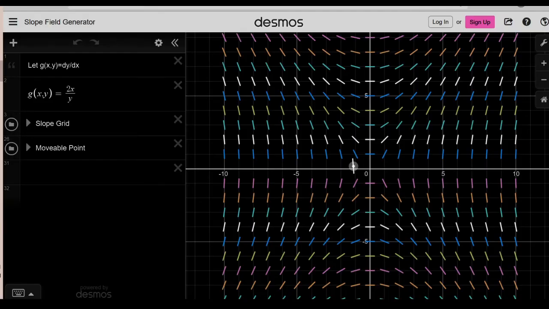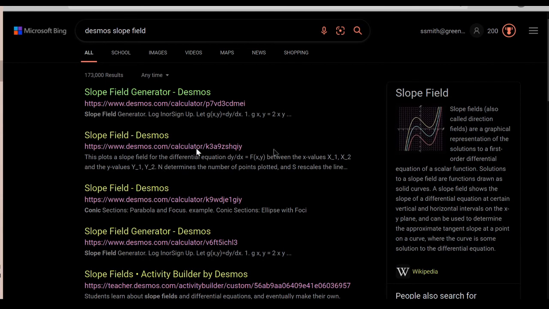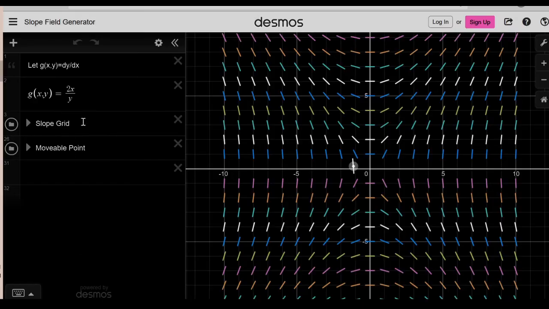So here I am on the Desmos slope field generator. Back in my day, computer-generated slope fields were a lot less nice than this, so I feel like we're a bit spoiled in the modern era. So to get here, I usually just Google slope field generator or Desmos slope field, and it will bring you right here.